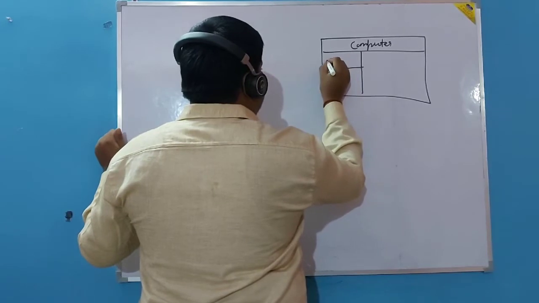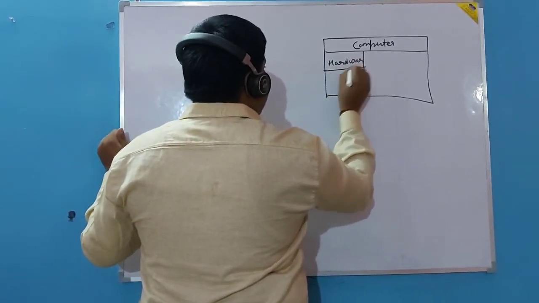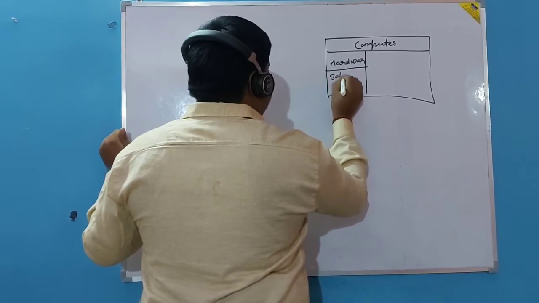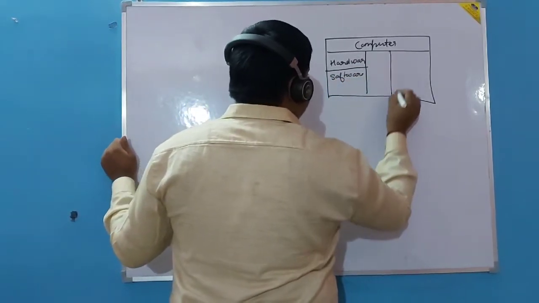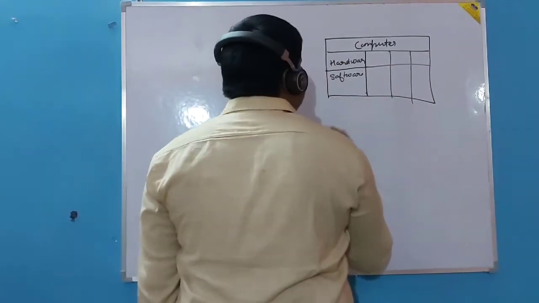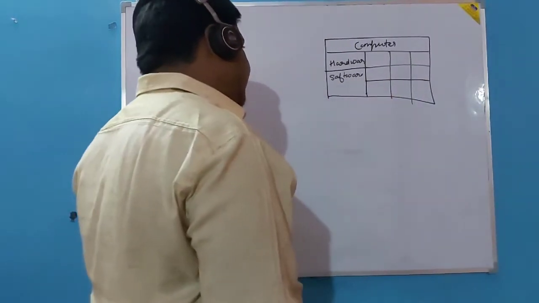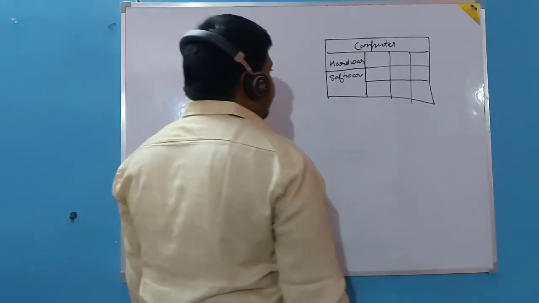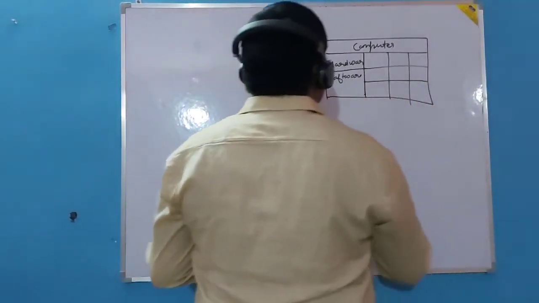One is hardware and another one is software. Hardware also has different categories and software also has different categories. Yes, we can represent it like that.